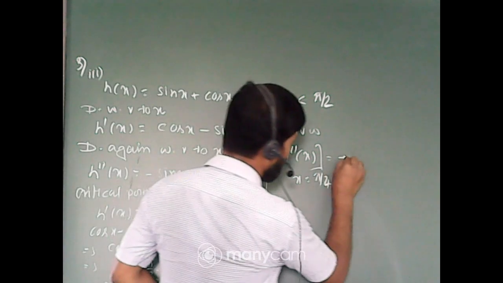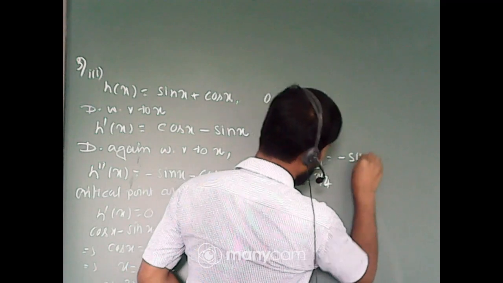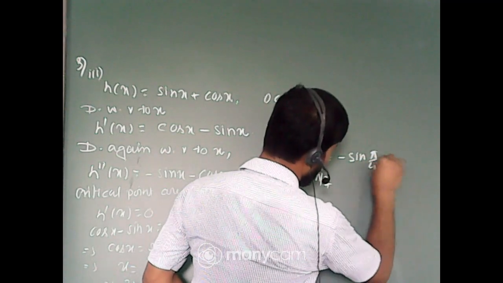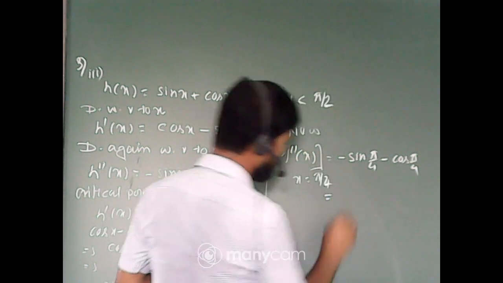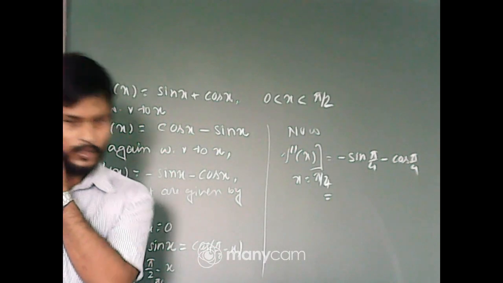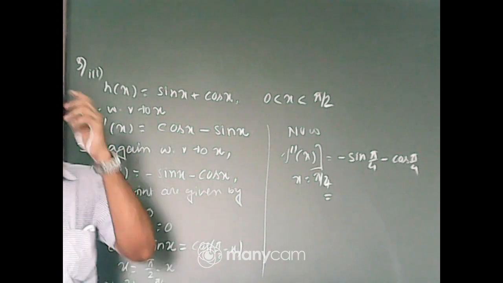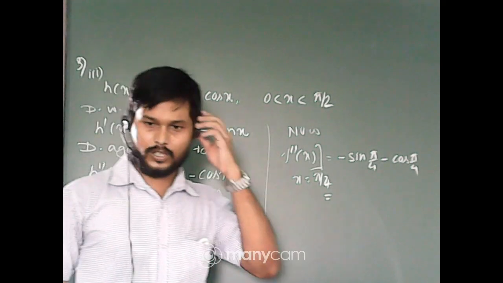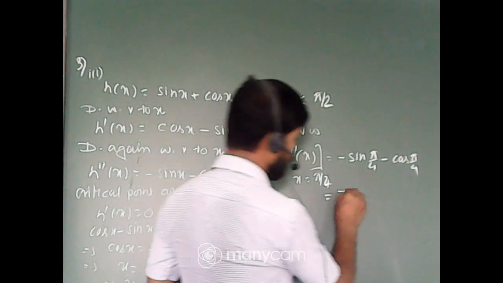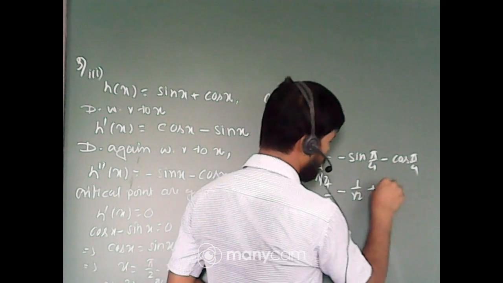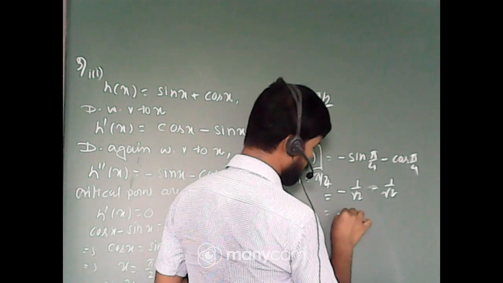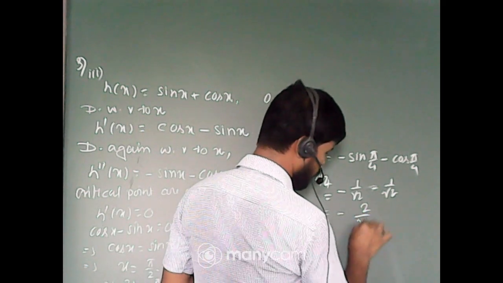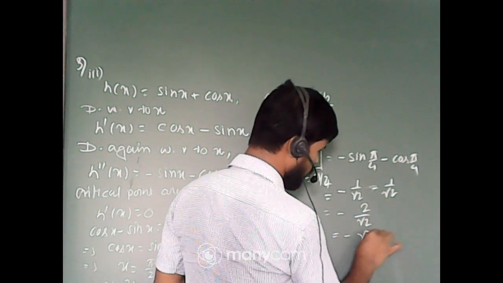So put it: minus sin pi by 4 minus cos pi by 4. We know that the value of sin pi by 4 is 1 by root 2 and the value of cos pi by 4 is also 1 by root 2. So this is minus 1 by root 2 minus 1 by root 2, so this is minus 2 by root 2, which is equal to minus root 2.